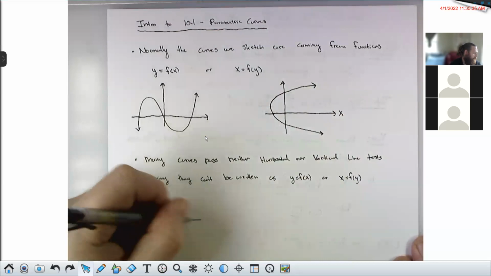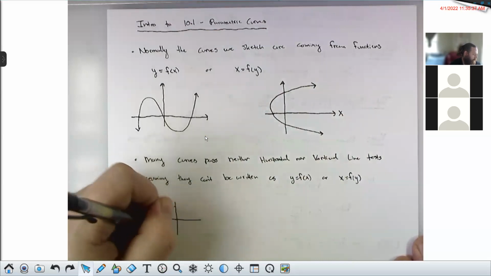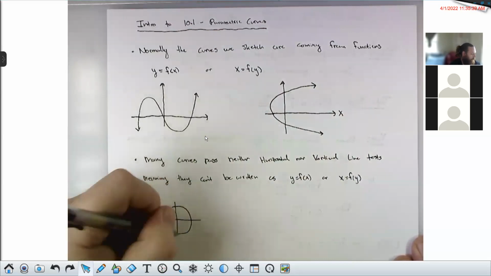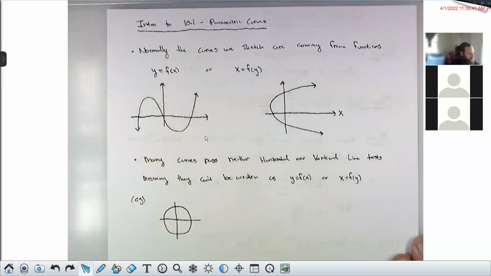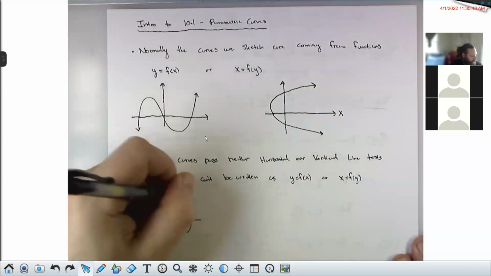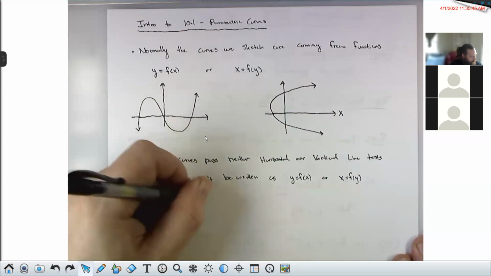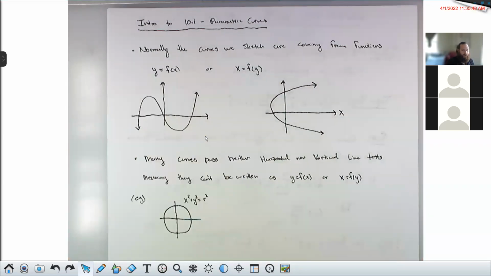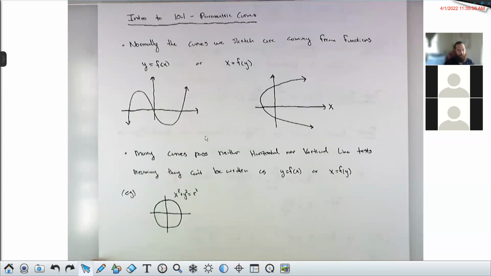If you take a circle, you often see this as something like x squared plus y squared equals r squared. But you won't see this as y equals or x equals, because this is neither a function of x nor a function of y.